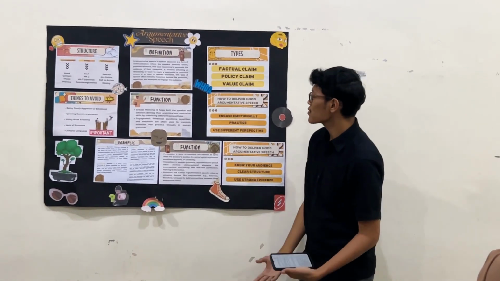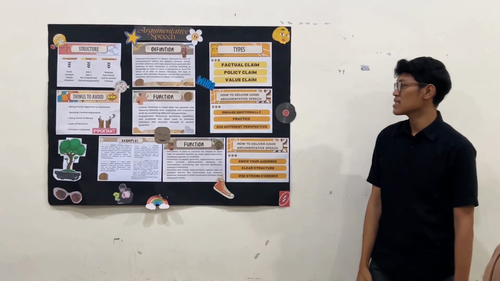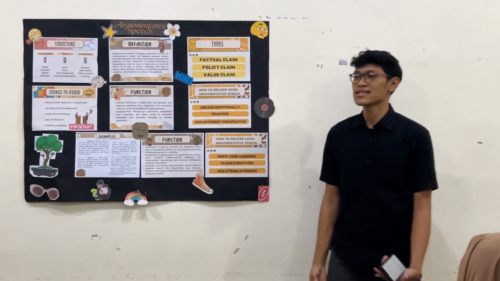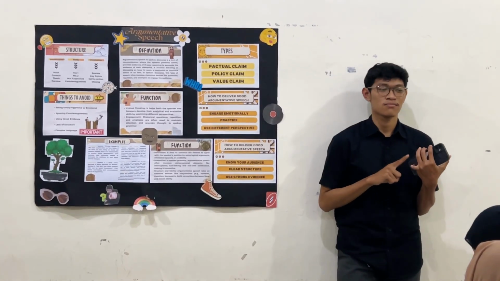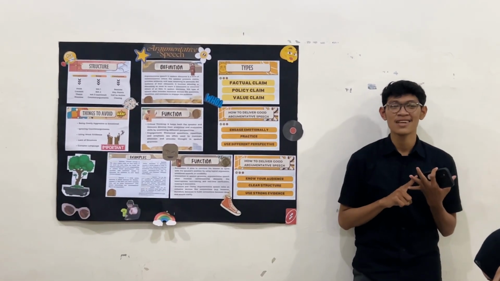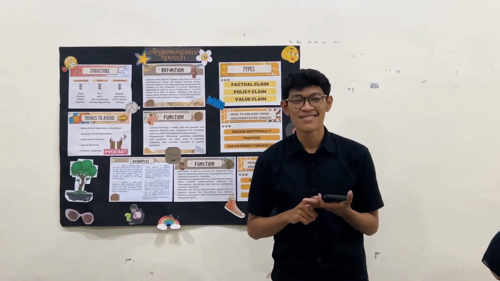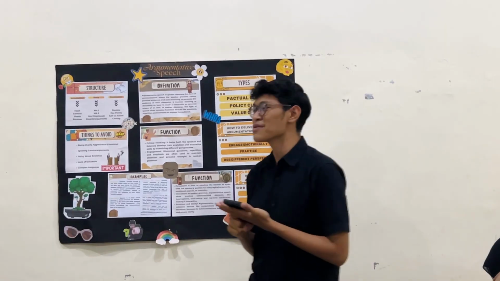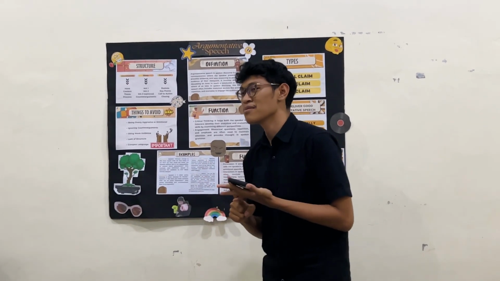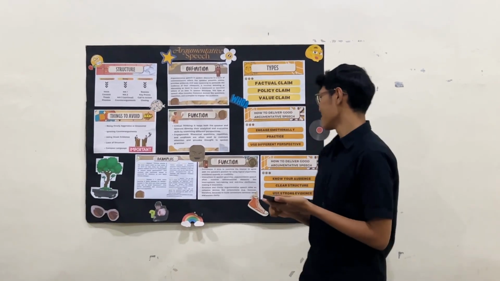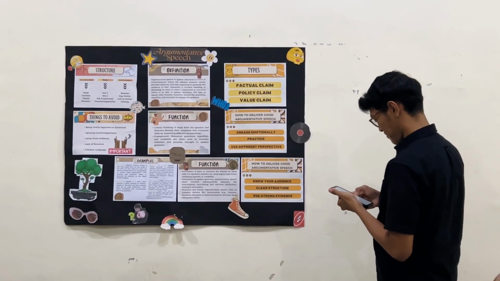And then how to deliver a good argumentative speech. First is engage emotionally. As we learned before, there is ethos, logos, and pathos. Anyone still remember? No? About the rhetorical? Okay, it's okay.